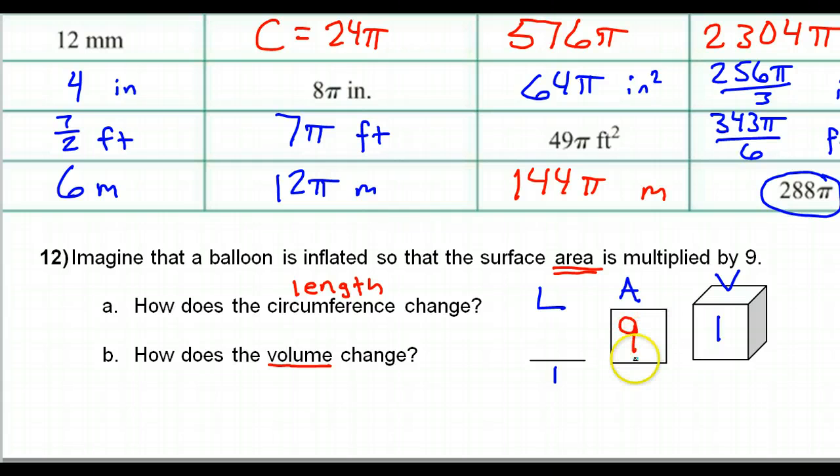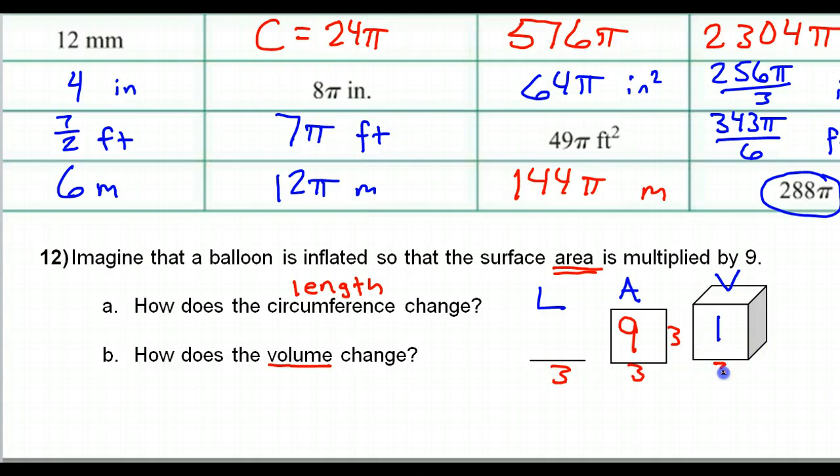In order for the area to be 9, the lengths must be 3 by 3. These dimensions should be the same. This piece and this piece should be the same. So that means the lengths, even though the area was multiplied by 9, the length went from being 1 to 3. So the length was just multiplied by 3.